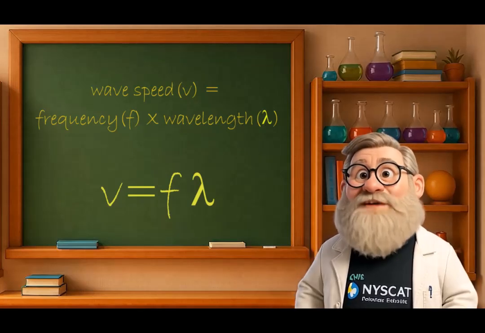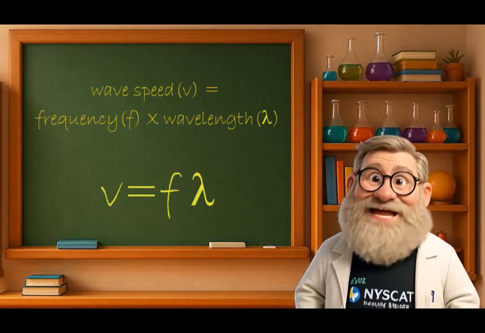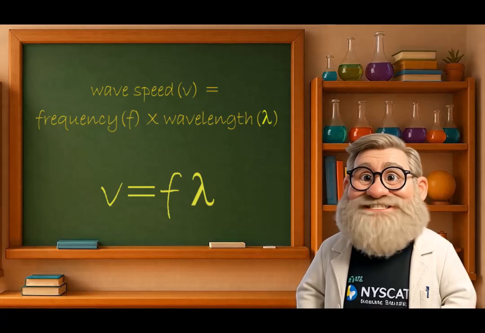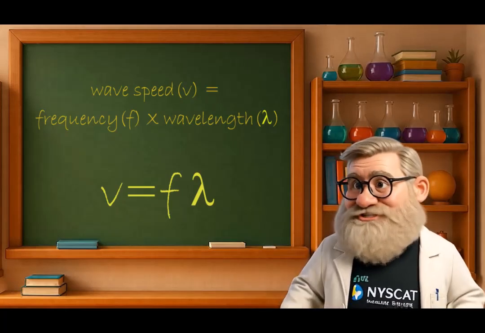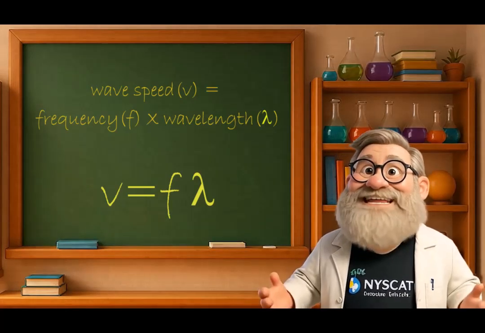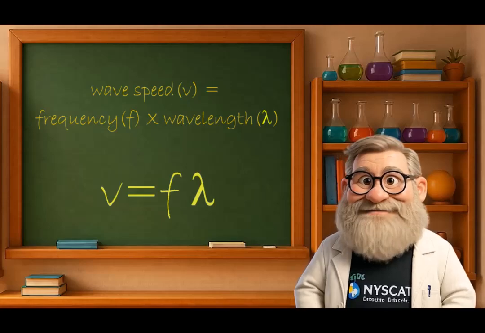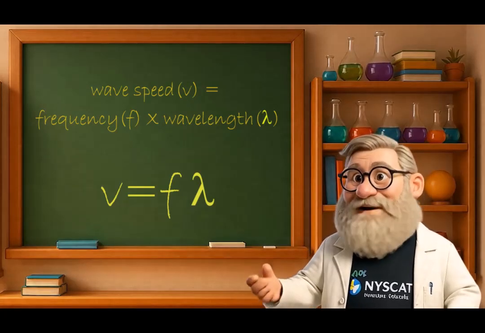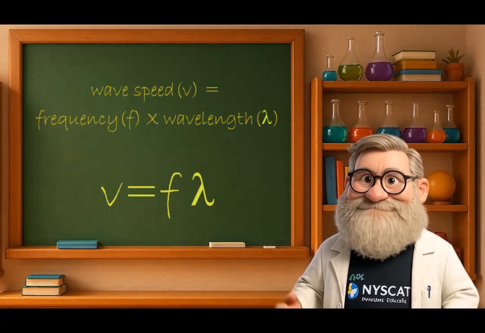Understanding these properties not only helps you explain how waves behave, but also gives you insight into the invisible energy systems all around you. Keep these ideas in mind. They'll keep showing up throughout the physical sciences.